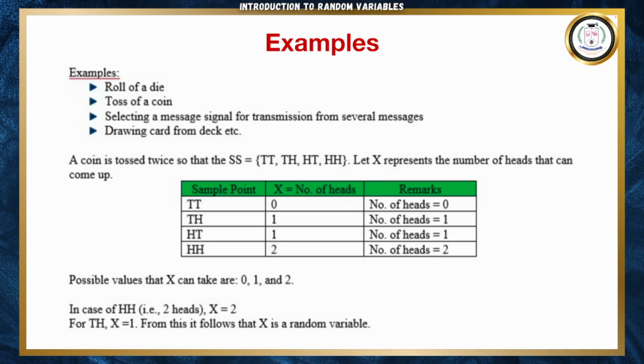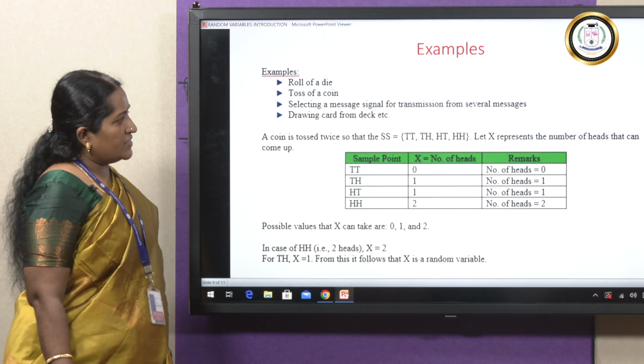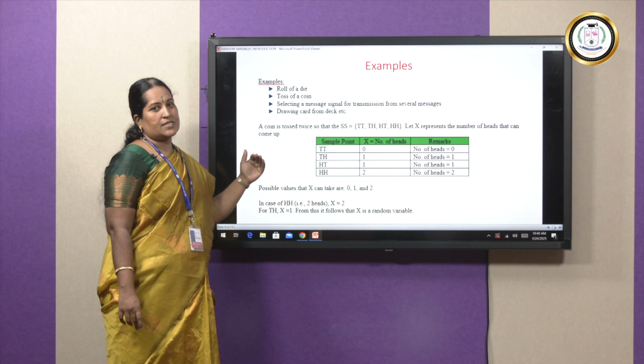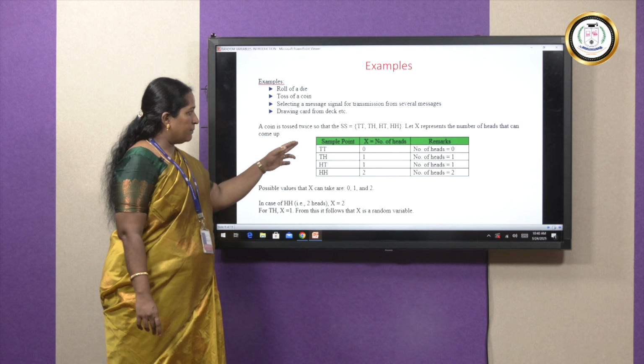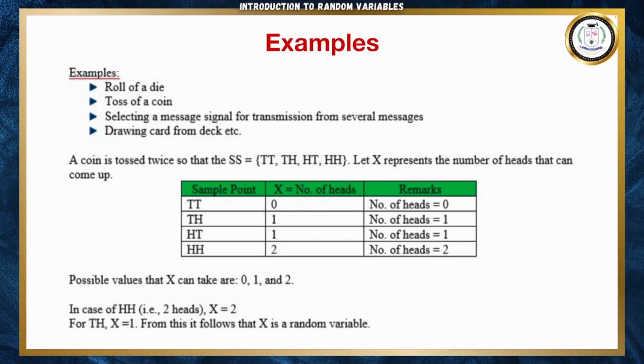A coin is tossed twice, so the sample space would be tail tail, tail head, head tail, and head head. Let x represent the number of heads that can come up. Let us write this as a random variable. For the sample point tail tail, which has no heads, the value of the random variable x is 0.